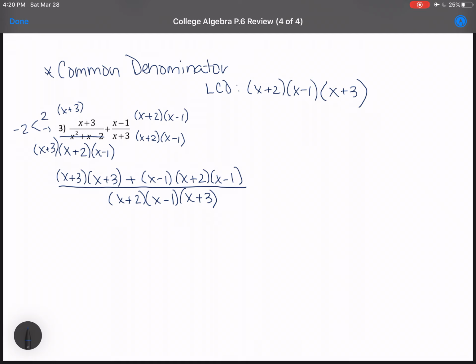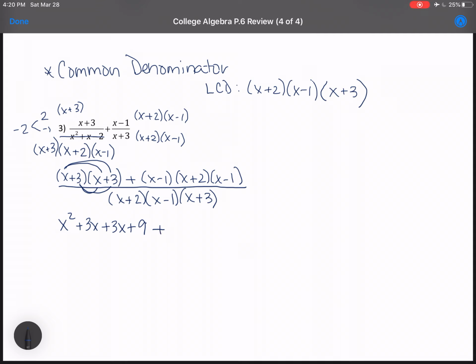Now, to finish simplifying, we need to go ahead and multiply in our numerator. So if we do that, x times x is x squared. X times 3 is 3x. 3 times x is 3x. And 3 times 3 is 9.